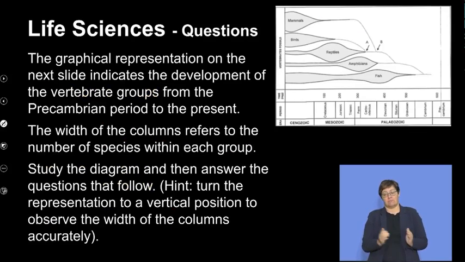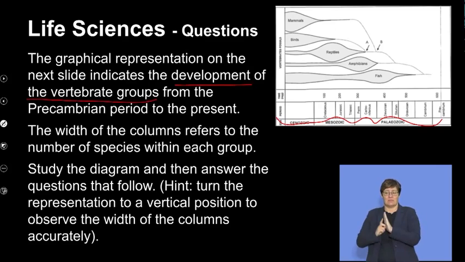Then, next question. You'll notice that most of these questions are linked to the geological timescale. They just show different aspects. Okay, and this one is similar to the previous one. It's also looking at the different time periods, except this is looking at the development of the vertebrate groups.